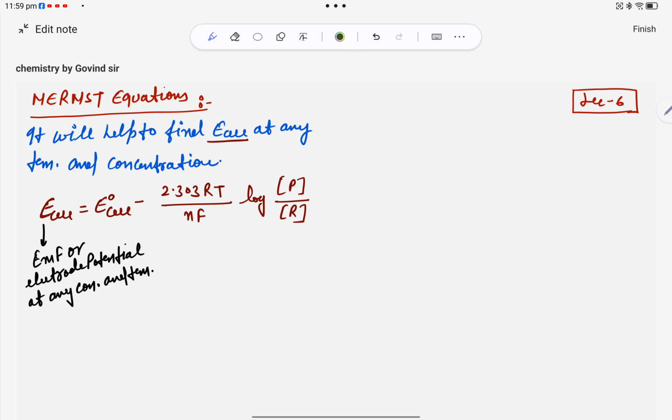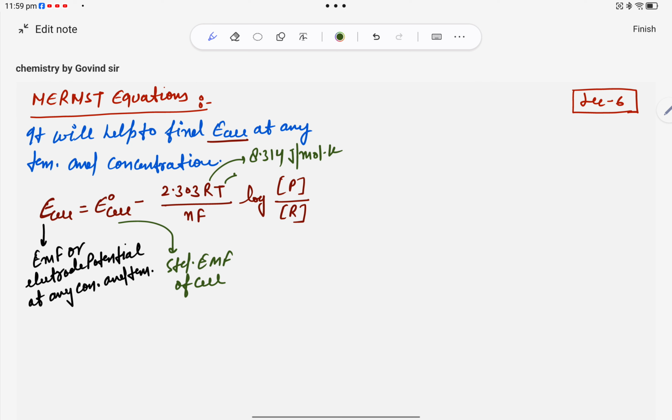This E naught is the standard EMF of cell. R is the gas constant, 8.314 joule per mole Kelvin.